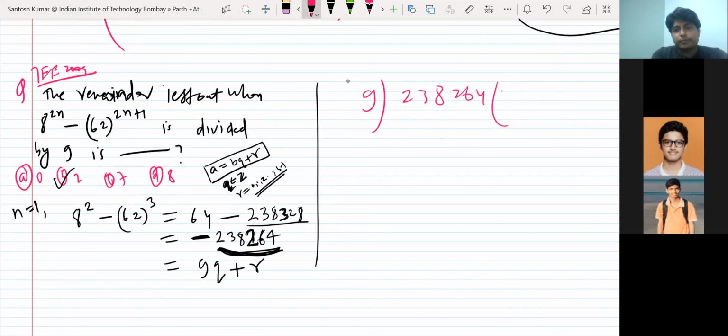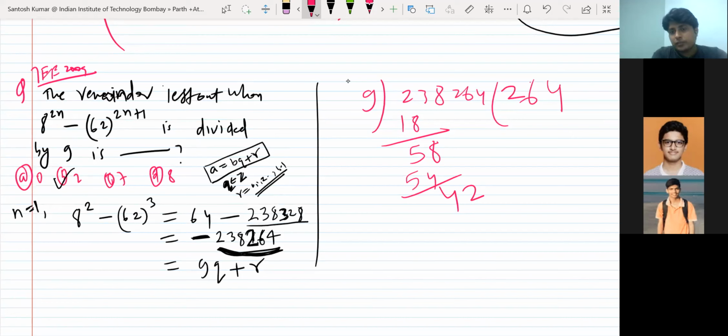9 2s are 18, so 558. 9 6s are 54, 42. 9 4s are 36, 36.